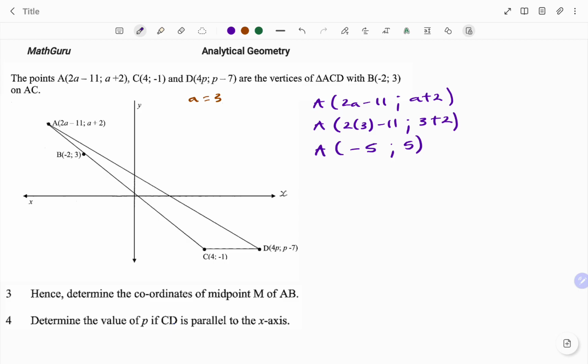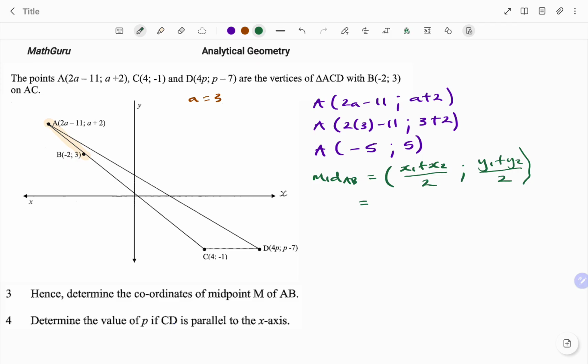To find the midpoint of AB as shown, the formula for the midpoint is: mid of AB equals, for the x coordinate, x1 plus x2 divided by 2, and then y1 plus y2 divided by 2.